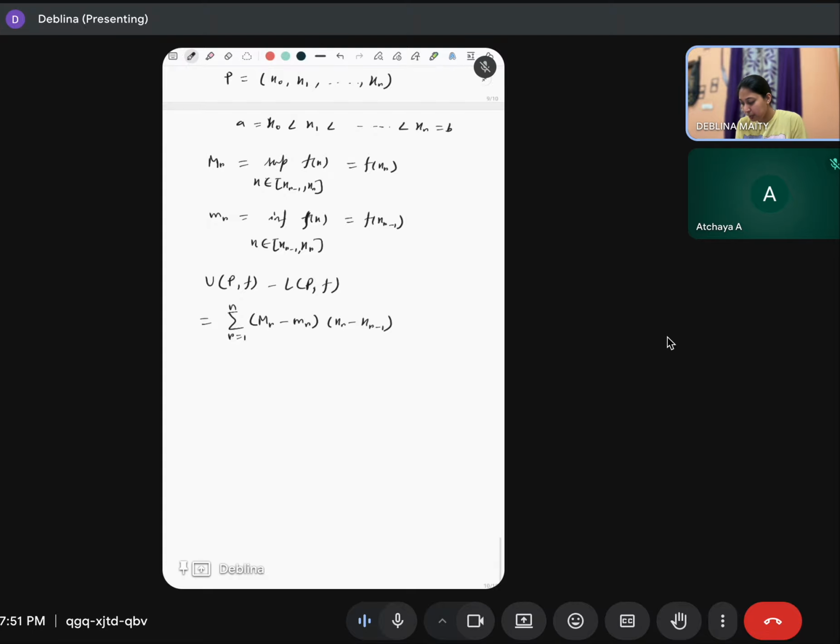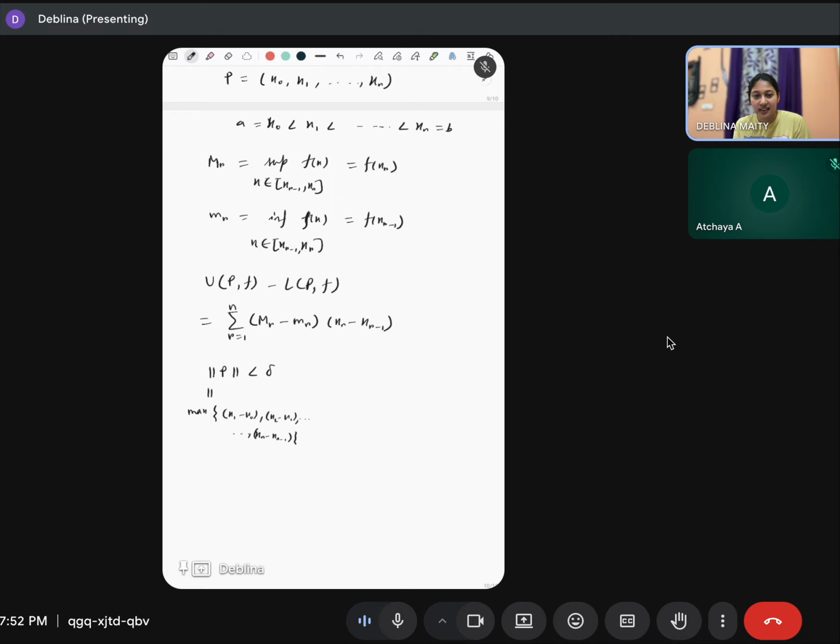Now our norm P is less than delta. Norm P was the maximum of x1 minus x0, x2 minus x1, up to xn minus x(n-1), the lengths of all the subintervals. The maximum is less than delta.